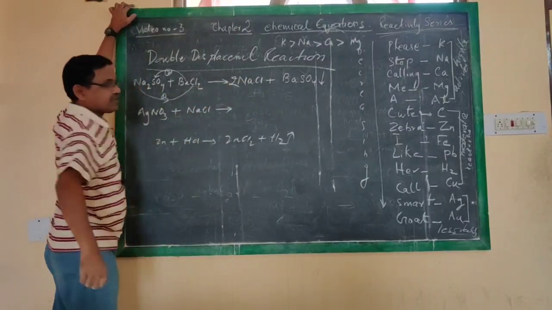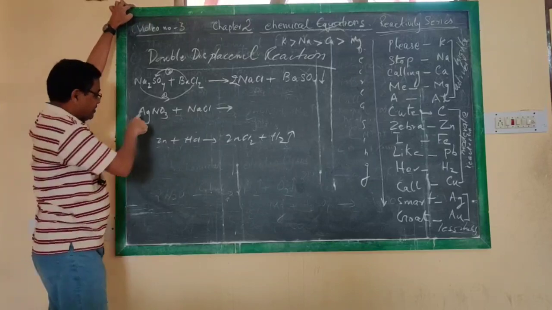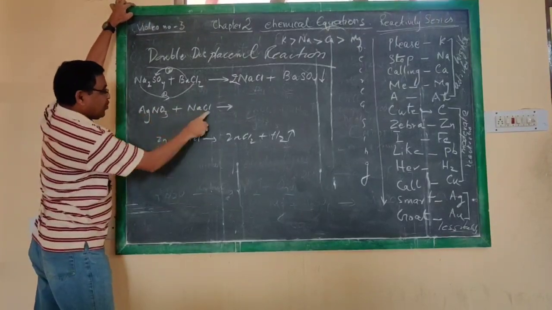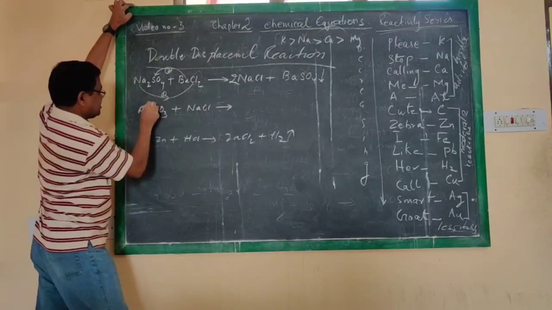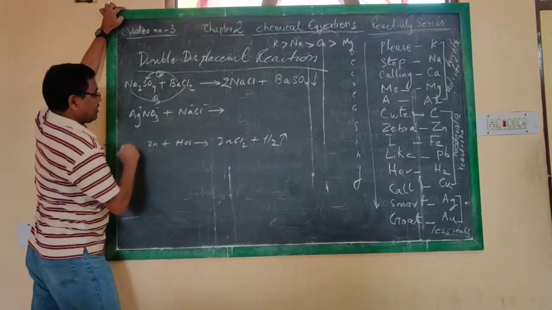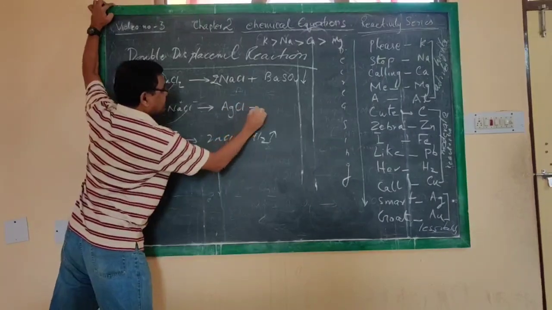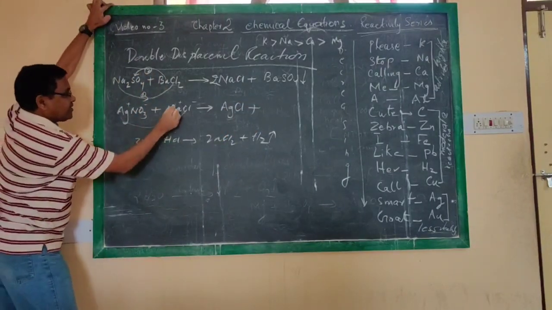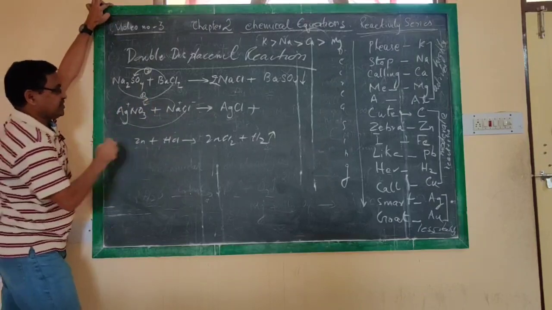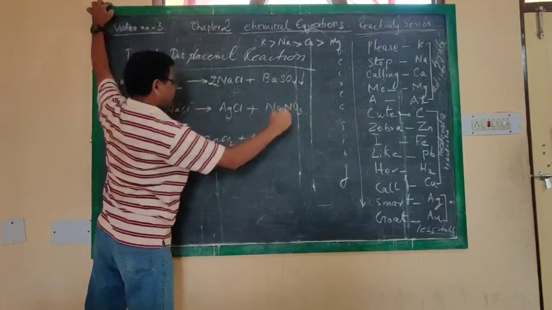AgNO3 plus NaCl. See here, Ag will go and join with the Cl, because this is metal plus NO3 minus, Na plus, chlorine minus. AgCl, silver chloride, and this will come and go, that is Na.